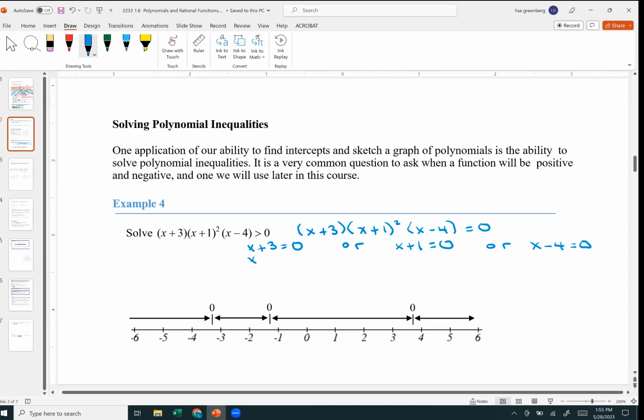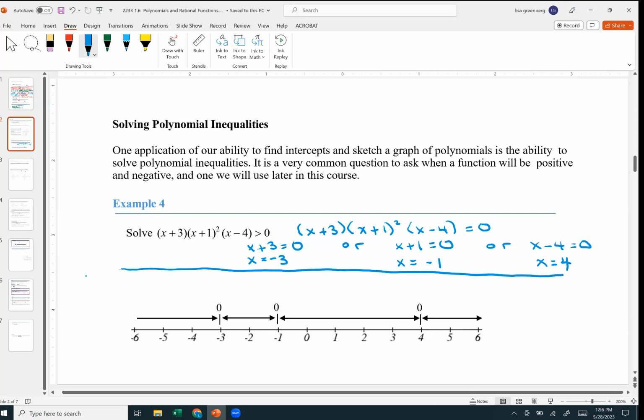So here we get x equals negative 3, x equals negative 1, and x equals positive 4. Okay, and the easy way to do it, and I know that there's people who do it differently, what I do is I say, we have to pick a number in each interval. So let's pick -4 for this interval.